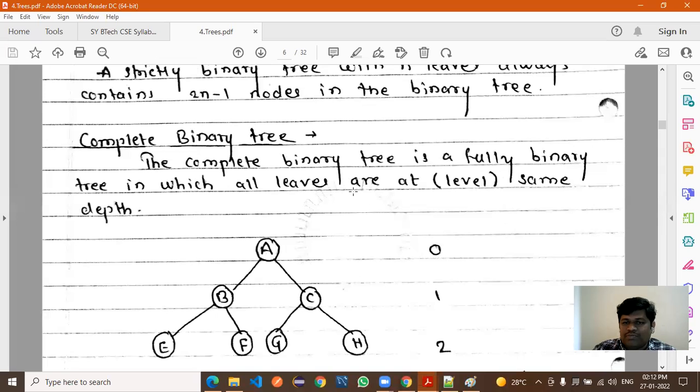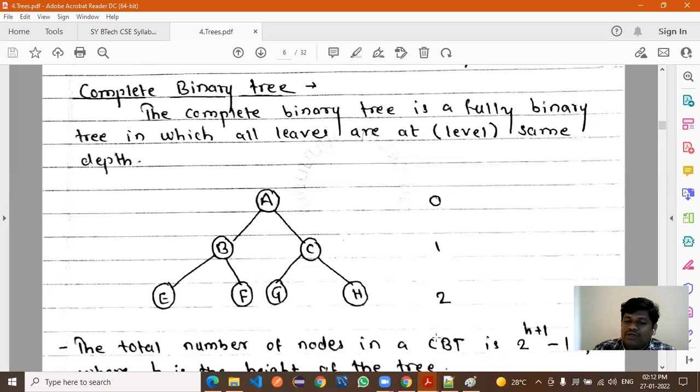A complete binary tree is a full binary tree in which all the leaves are at the same level. So whatever leaf nodes you are considering, all these leaf nodes should be at the same level only. So this kind of tree is called a complete binary tree.